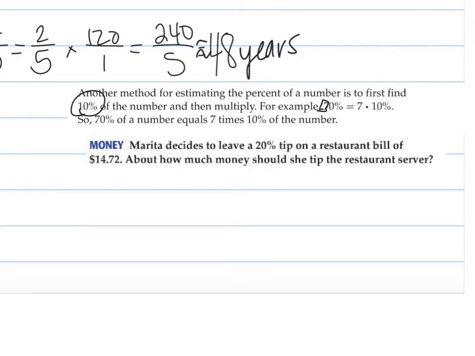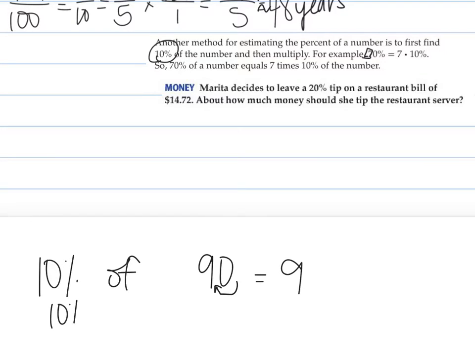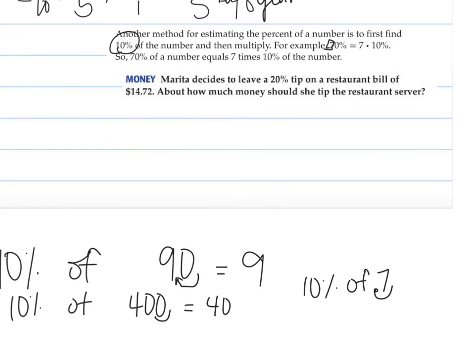And it's really easy to find 10% of anything because you just move the number over. So if I was trying to find 10% of 90, all I do is I move the decimal over one spot, and that's 9. If I was trying to find 10% of 400, move the decimal over one spot, so that would be 40. 10% of 7, move the decimal over, so that would be 7/10.